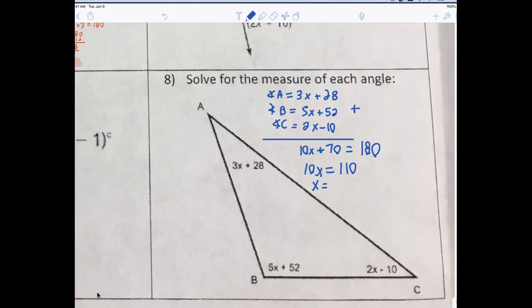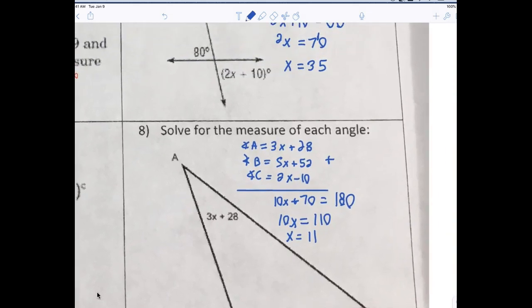So now you divide by 10. Good job. So now what happens? 11. Yeah, x equals 11.